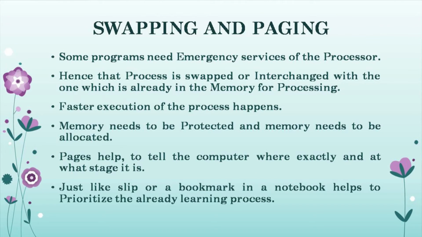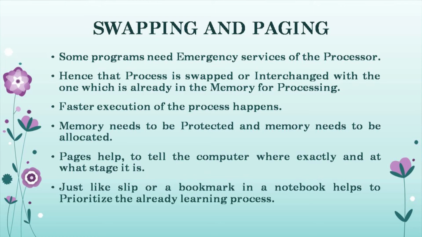Similarly, a process which has a higher priority, which requires immediate execution, is swapped or interchanged with the processes which are already going on. This helps in faster execution of the process which has asked for services immediately.